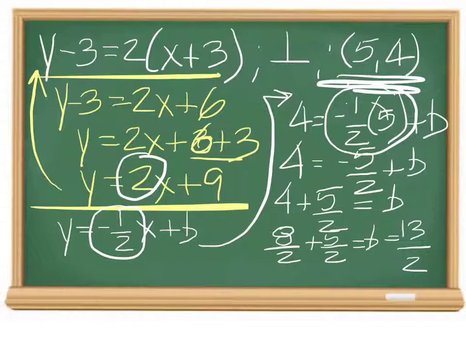For 4 over 2, you would multiply the 2 on the bottom by the 4 to get 8, and then plus 1 would be 9, so that wouldn't work out. For 2 1/2, if you multiply the 2 from the bottom times the whole number, then plus 1, that's 5 over 2. Your final answer should be y equals a negative half x plus 13 over 2.